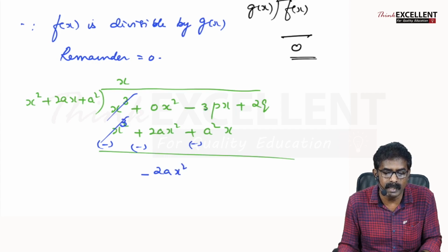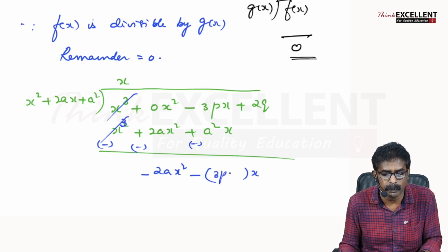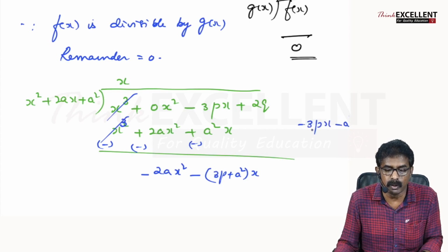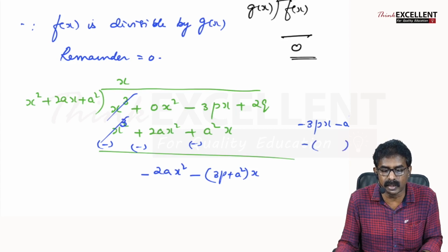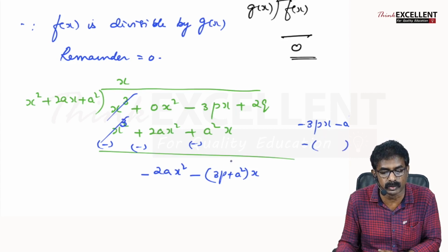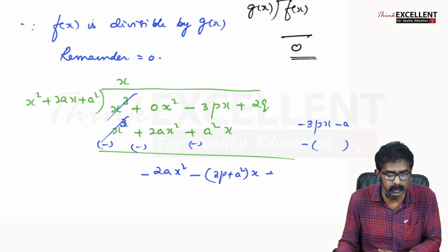Then minus 3px minus a square x after changing the sign. In both the terms minus is there, x is also there, so I'm taking minus x outside. What's remaining? 3p plus a square, because you're taking the minus out. Hope you understood. And the last one is plus 2q.